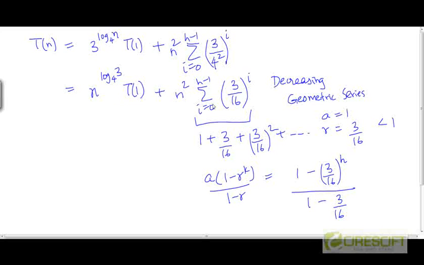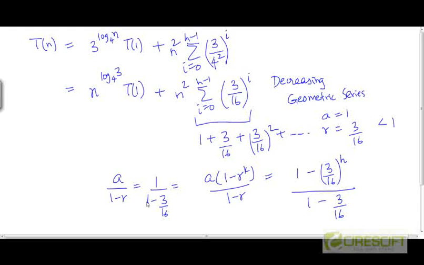In this case, we can note that if this series had only one term, that term would have been 1. Right? So the value of this series must be at least greater than 1. And if this series had been of infinite length, if this had gone all the way up to infinity, then the value of this series would have been a by 1 minus r, which is much easier to compute than this. a here is just 1 and r is 3 by 16.